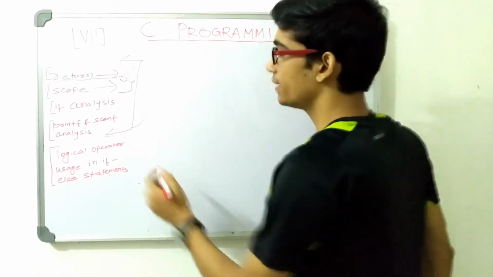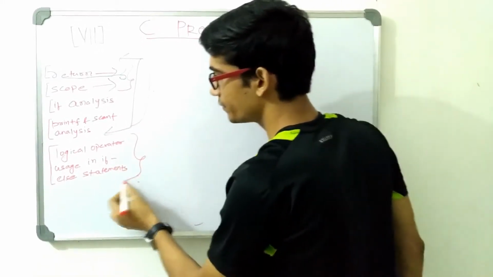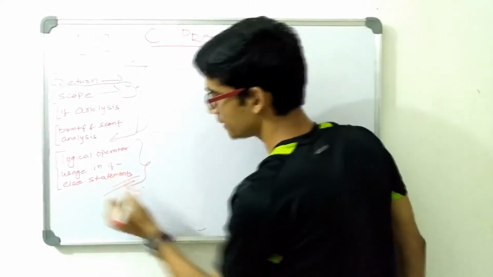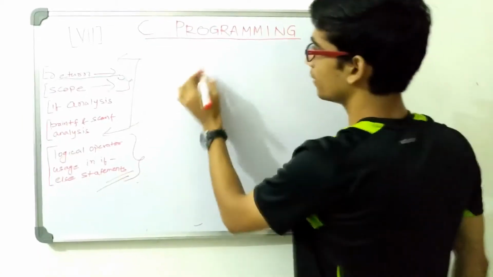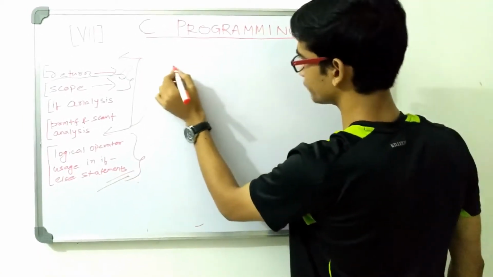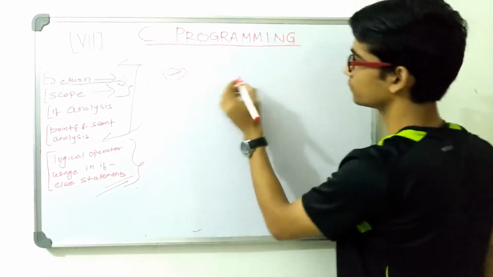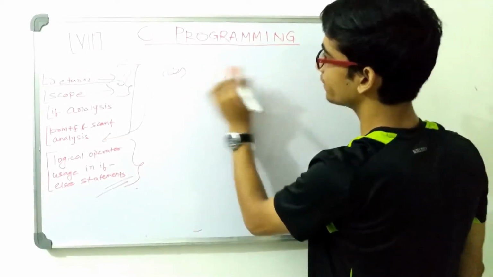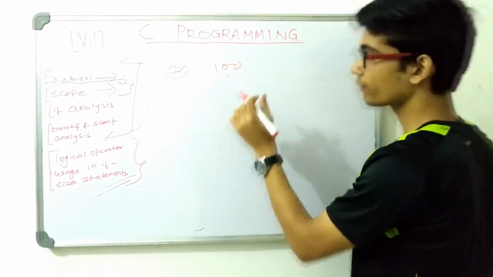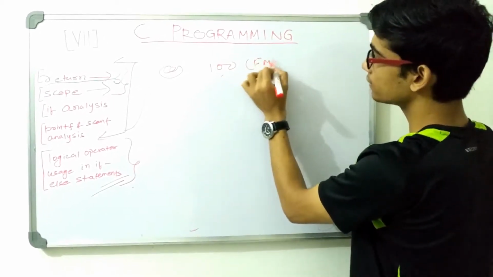Okay, so now let us move to logical operator usage in if else statement. So how we are doing this? Suppose there is a question, there is an exam of 100 marks, okay, this is the full marks.